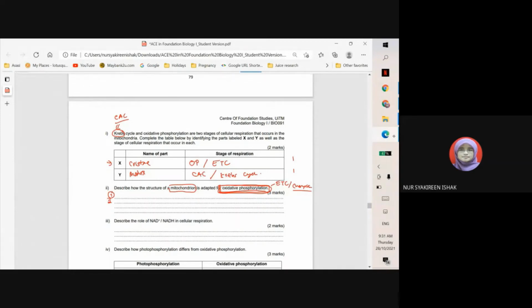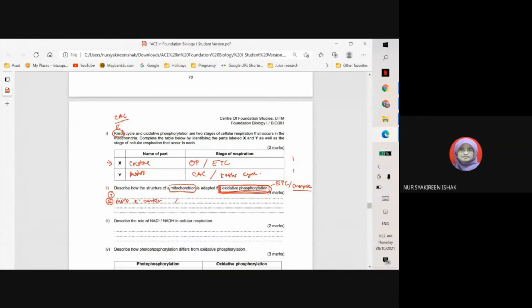For the second point, you have to mention the significance of having this large surface area, which is it can embed more electron carriers. More electron carriers can be embedded in the inner membrane of mitochondria, or it can add more ATP synthase in the inner membrane of mitochondria.